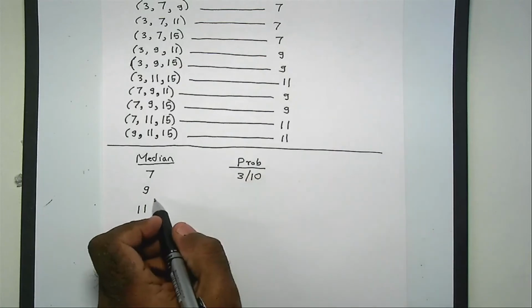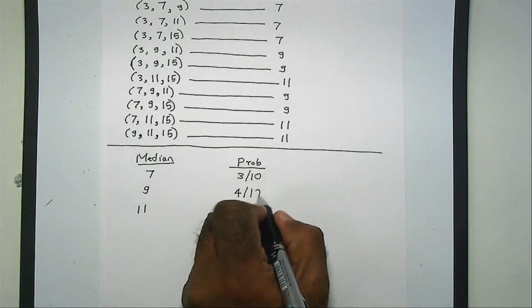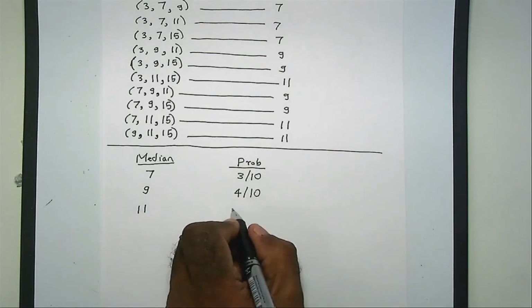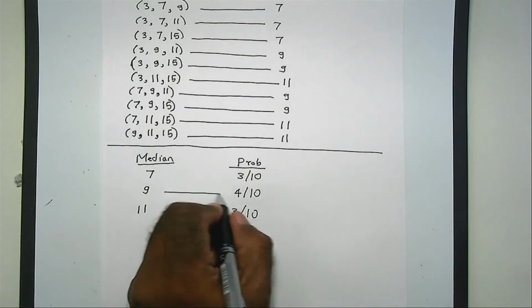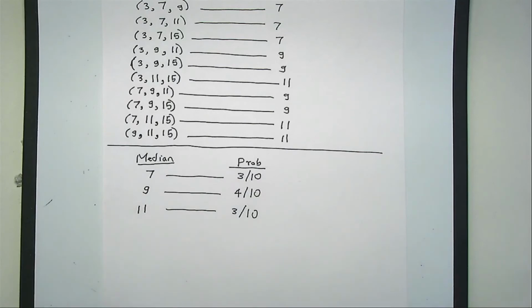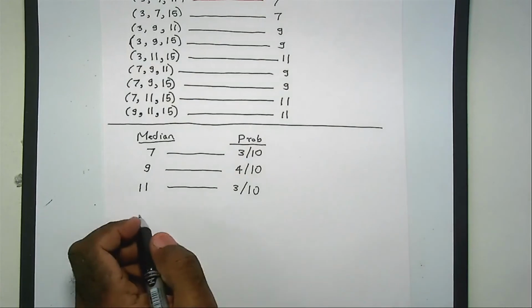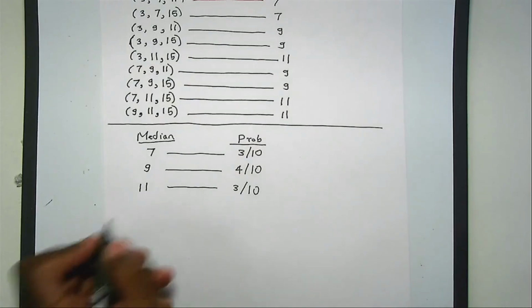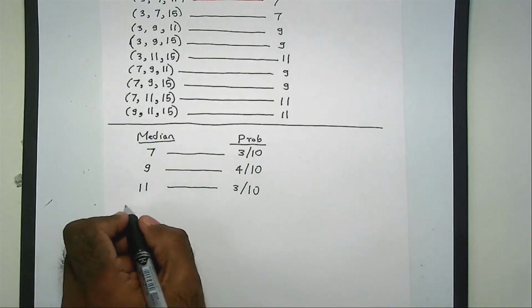How many 9s we have? We have 4 out of 10. How many 11s? We have 3. All right, so this table here gives the probability distribution of the median. All right, now we need to compute the expectation and the variance, right? So let's first start with the expectation.